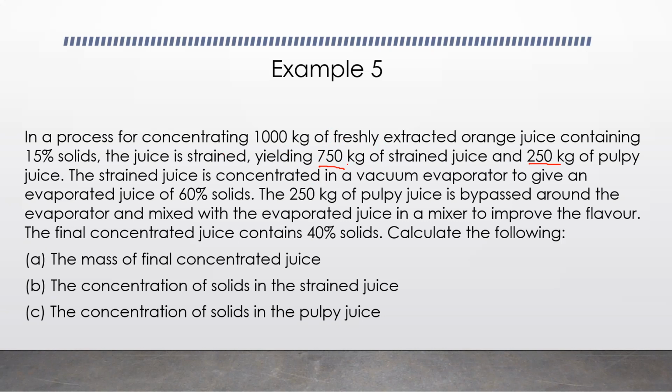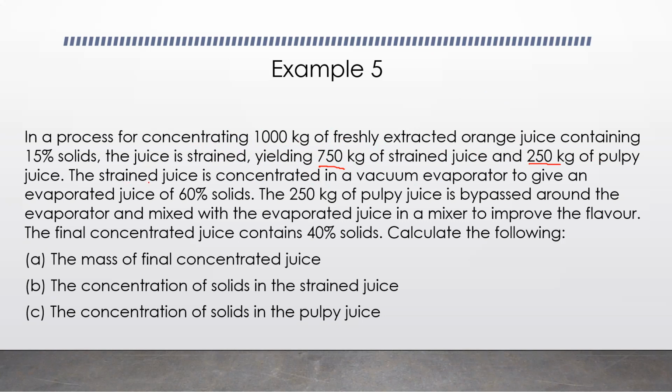The juice that contains more pulp is separated from slightly clarified, clear juice. Even the clear juice would contain solids, but it won't be very concentrated in nature. So it is strained and 250 kg of pulpy juice.